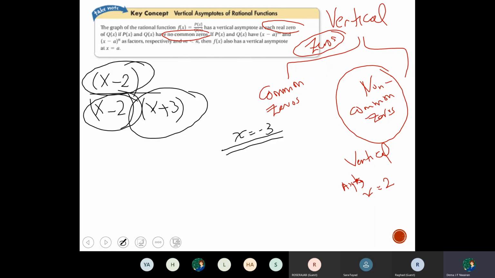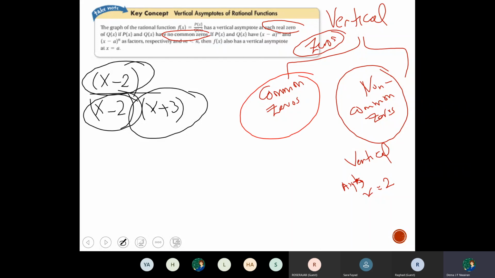So I will repeat now. For the non-common zeros, I will check the real zeros of the denominator.